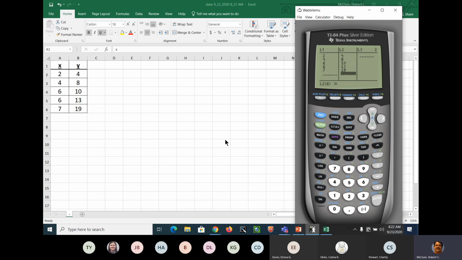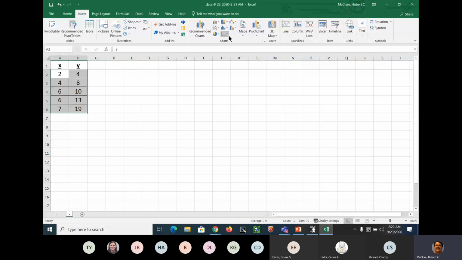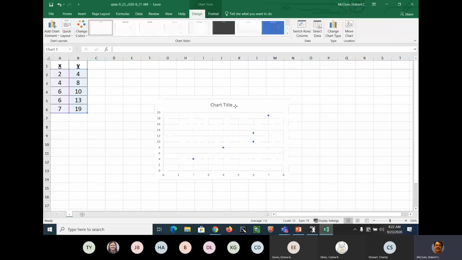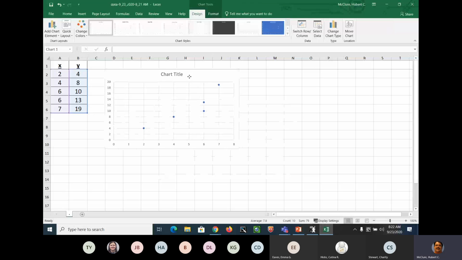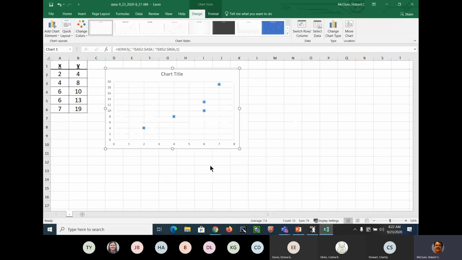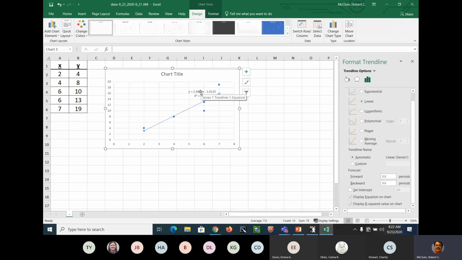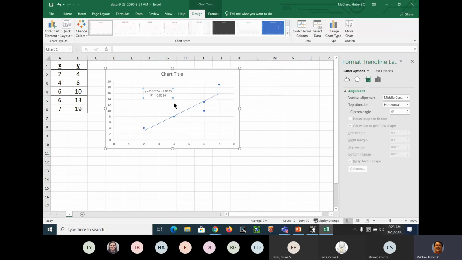Okay, now I'm going to highlight my X's and Y's, hit Insert, go to Scatter Plot, and there's my scatter plot. I'm going to put it over here so we can still see the calculator. I'm going to click on one of the dots, right click, and hit Add Trend Line, and go down to Display, and there is my information for this line.